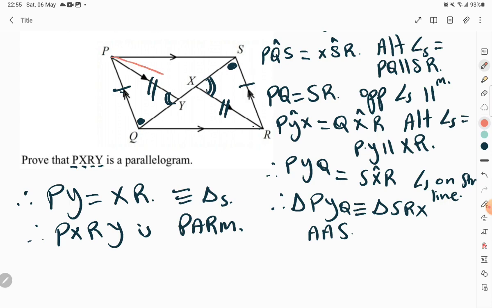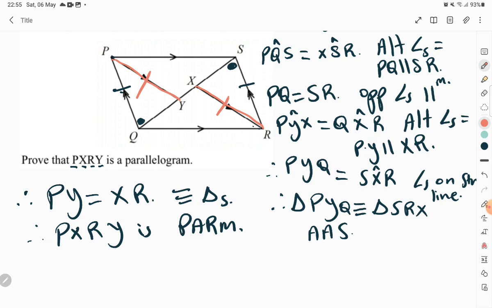If you can construct this, you can see this quadrilateral they are talking about, this parallelogram they are talking about, that since PY and this line they are parallel already, and now we also found them equal due to congruent triangles.